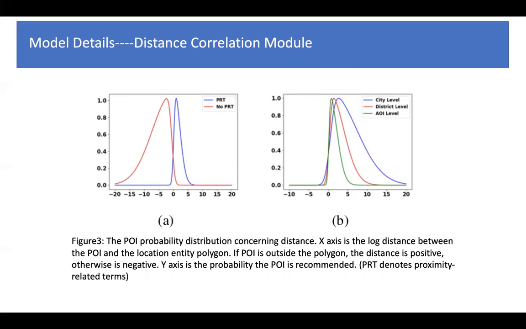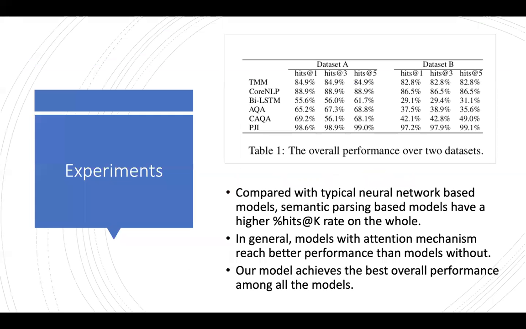This is because the area of a city is much bigger than that of an AOI. With different area sizes of the location entity, the probability distribution functions are quite different.